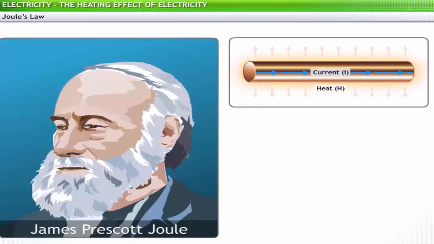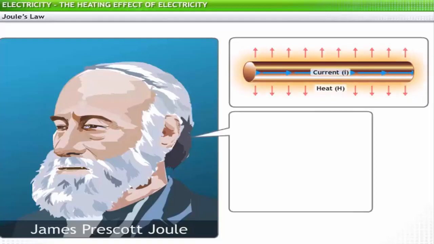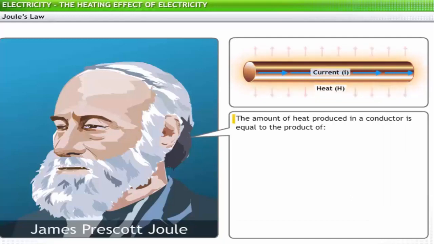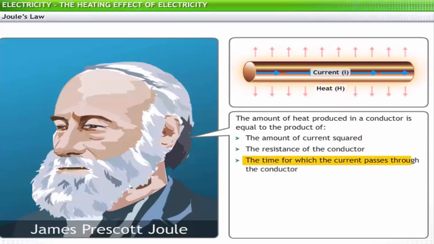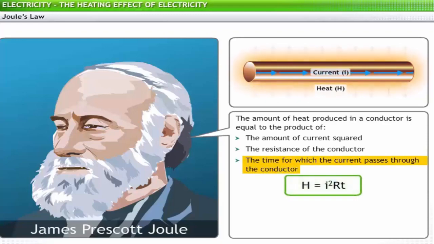This relationship is popularly known as Joule's law or Joule effect. Joule's law states that the amount of heat produced in a conductor is equal to the product of the current squared, the resistance of the conductor, and the time for which the current passes through the conductor.